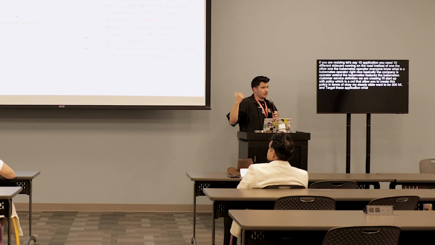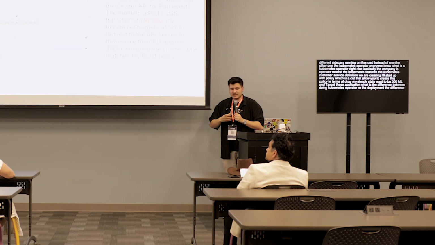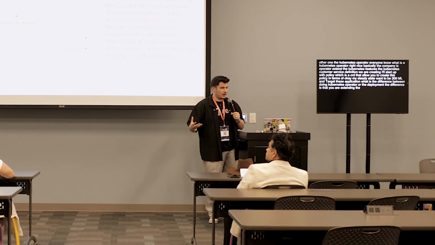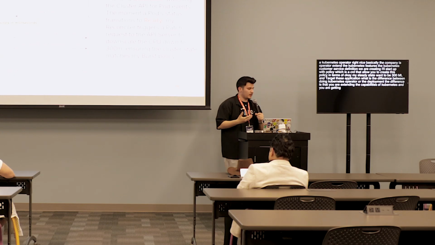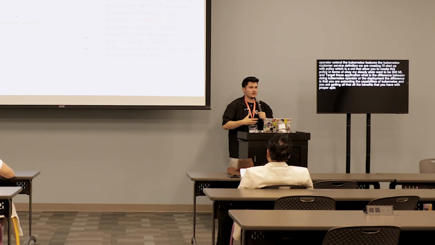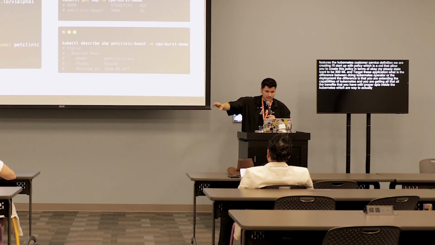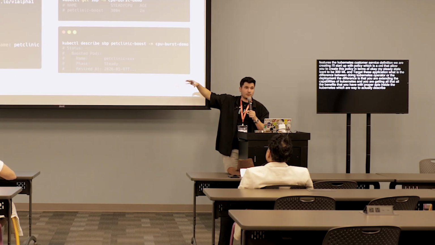What is the difference between doing a Kubernetes operator or the deployment? The difference is that you are extending the capabilities of Kubernetes and you are getting all the benefits that you have with proper APIs inside Kubernetes, which are a way to actually describe the state, to observe the state.